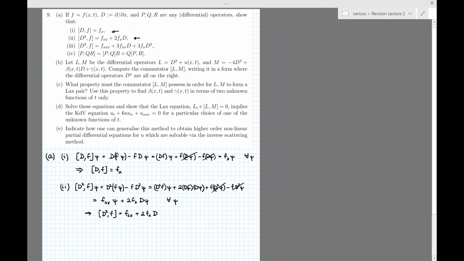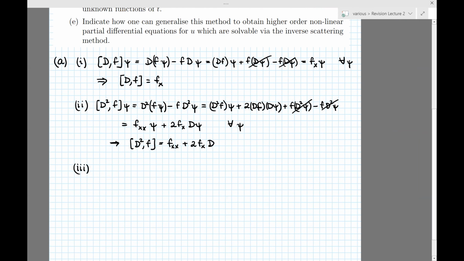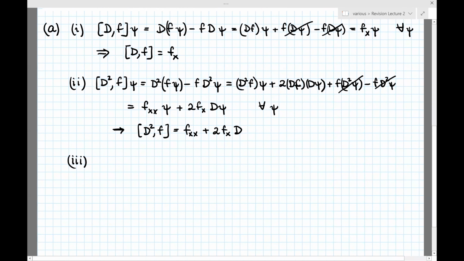So next we move on to part 3, which involves the third derivative, or the third power of the operator D. The logic is the same. So we have a third derivative acting on f times psi minus f times the third derivative acting on psi.